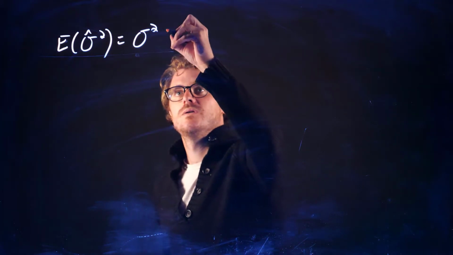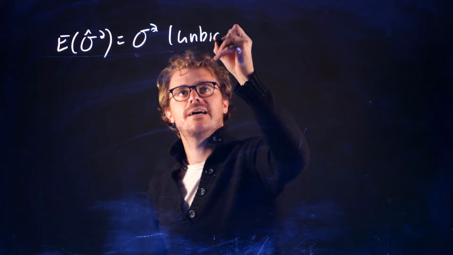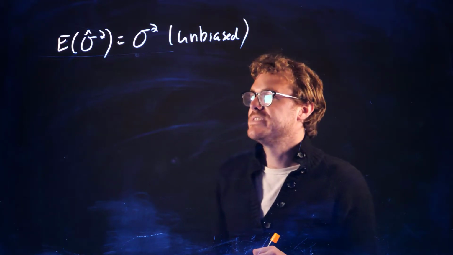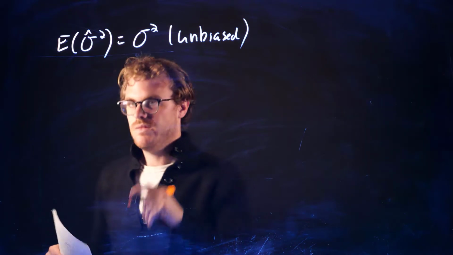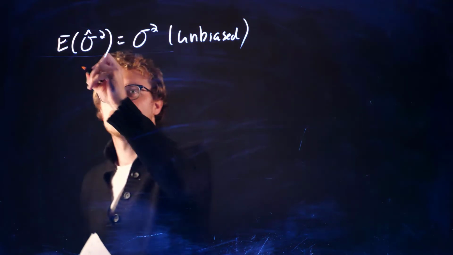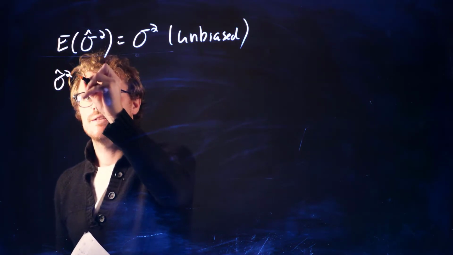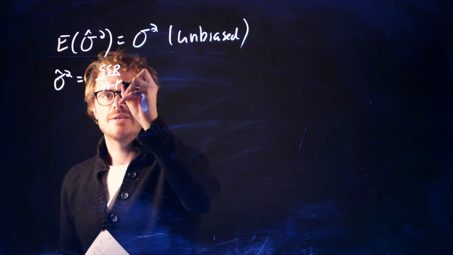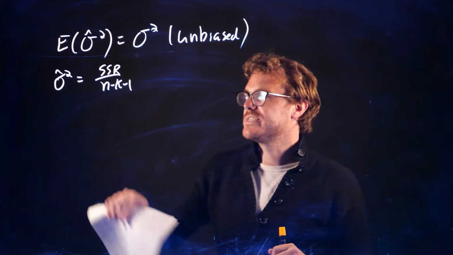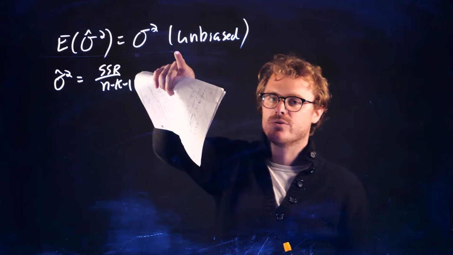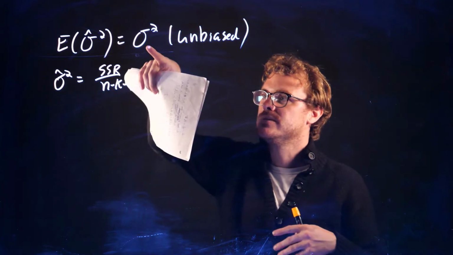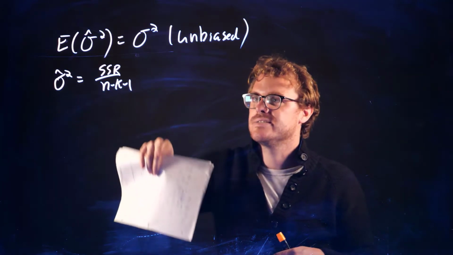So it's an unbiased estimator of sigma squared, that SSR over n minus k minus 1. We're just saying in expectation we get the right thing, right? Just like those properties we want in an estimator, this is an estimator for sigma squared. It has this nice property we want.